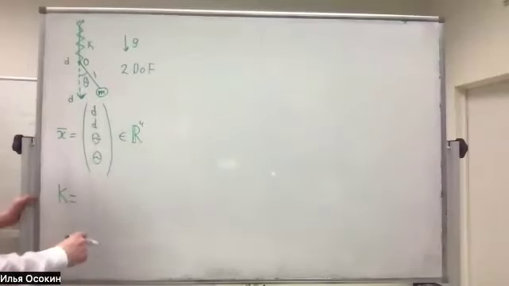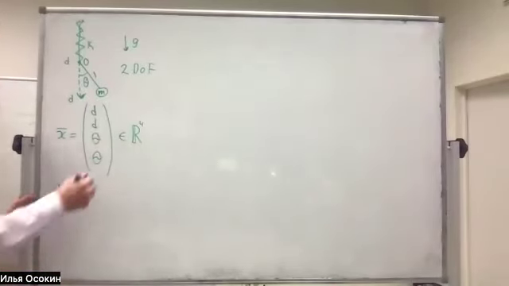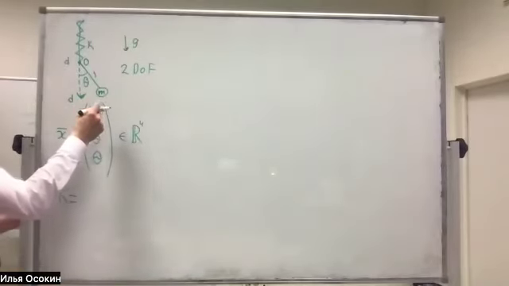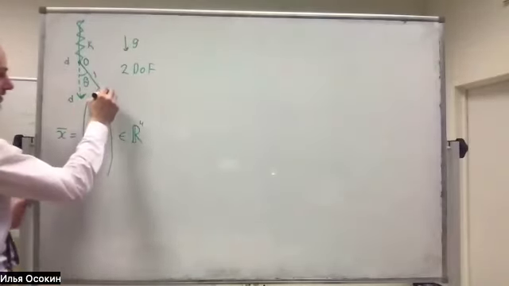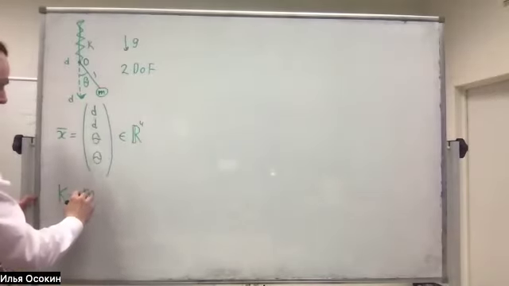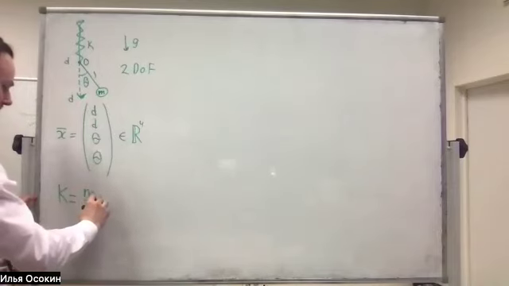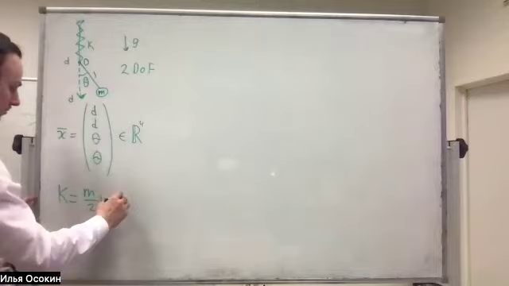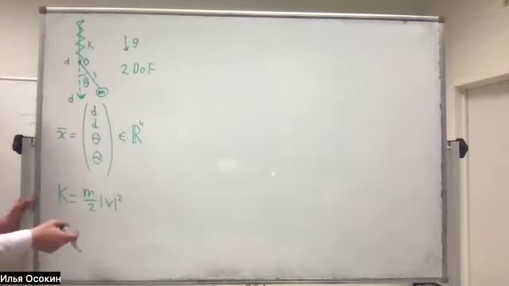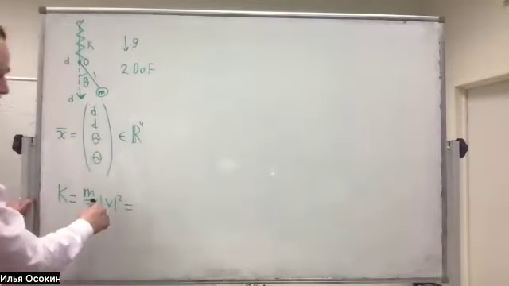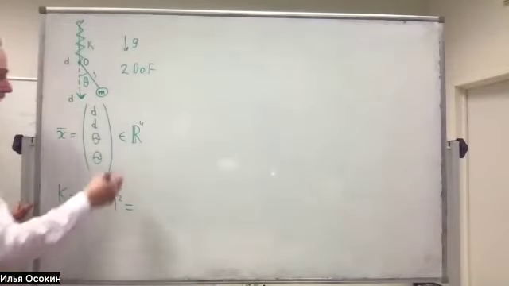The kinetic energy of the system consists only of the kinetic energy of the mass, and basically it's m/2 times the module of the velocity squared. I'm going to write it down like this. And let's find out what this consists of.